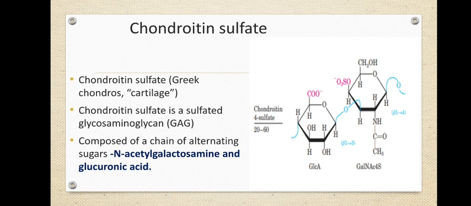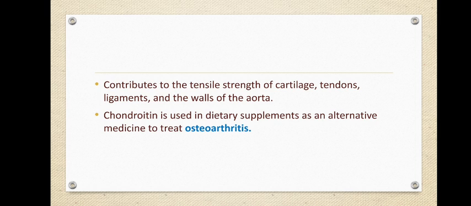GAG means glycosaminoglycan. Now, it is present in the cartilage, and it is also seen in tendons and ligaments, and remember the wall of the aorta too. The aorta is the largest vessel that carries blood to different parts of the body away from the heart. Its wall is also formed of chondroitin sulfate, providing elasticity as well as high tensile strength.